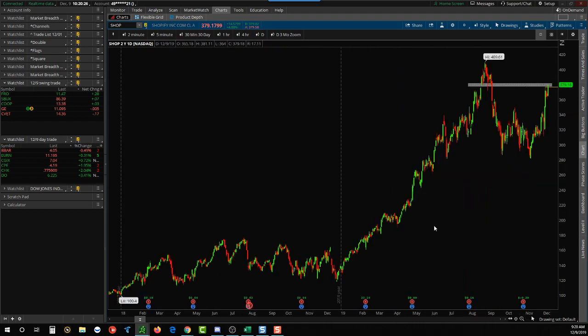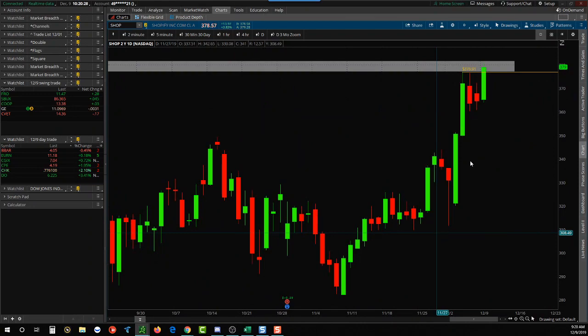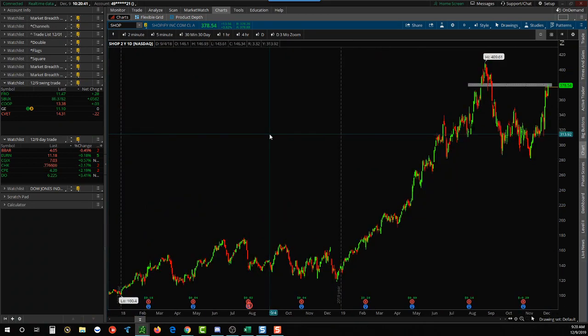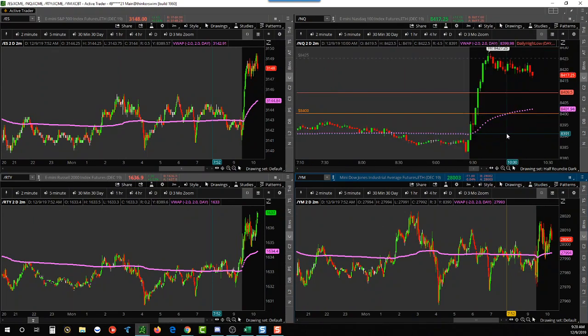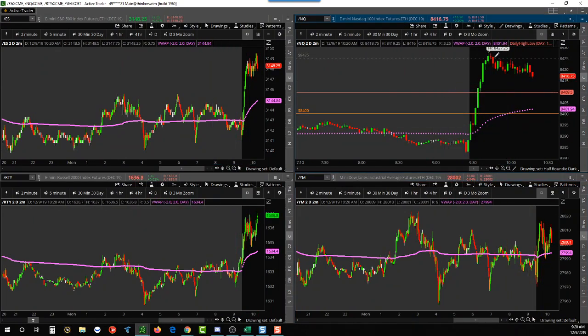This is a perfect example of a bull flag. There's your flagpole, there's your flag, there's your break. Speaking of flagpoles, there's the pole in the NASDAQ.